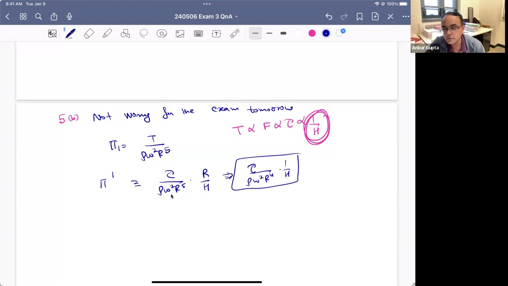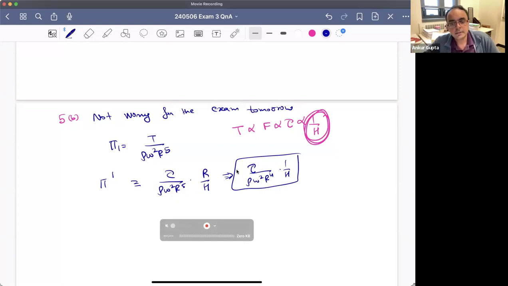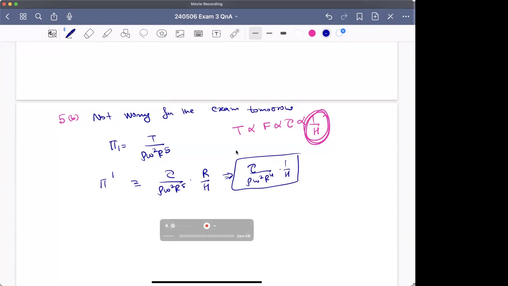But again, I wouldn't worry about it for tomorrow. This was a very difficult question, and something like this will not be tested tomorrow. But hopefully the rationale makes sense. Okay. Does it make sense, Sam? Yes, thank you.